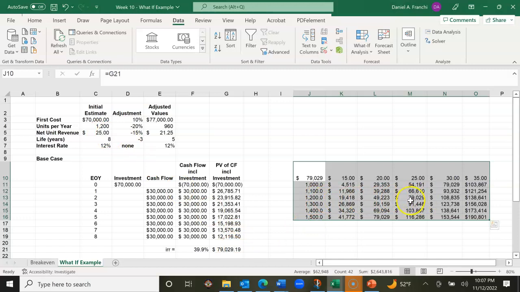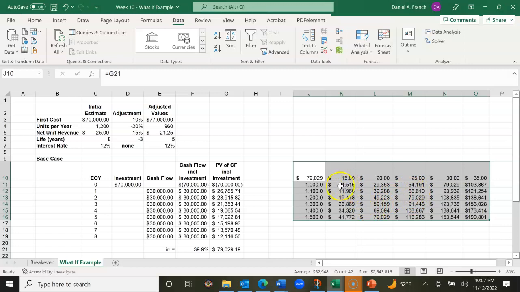1,225, 79,000. What this table tells us is that if we look at the number of units per year, at 1,000 we have a present value of $54,000. Our value dropped by 25,000.